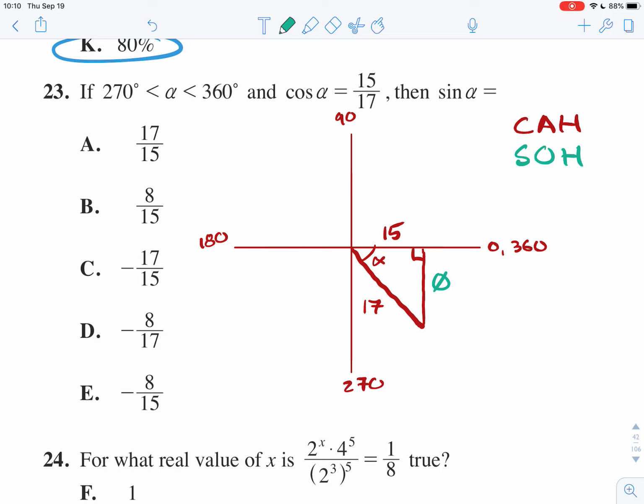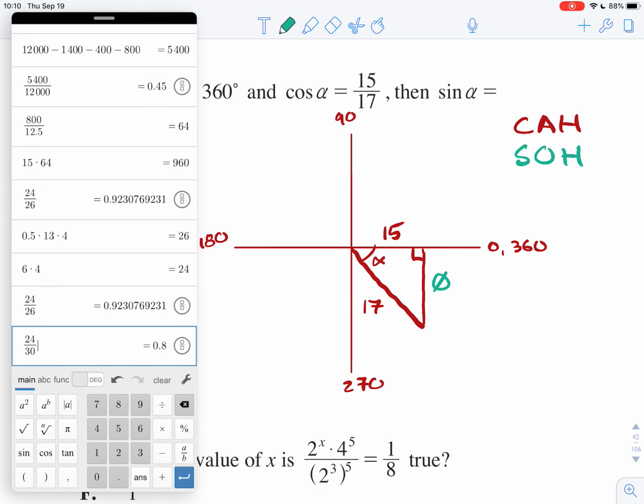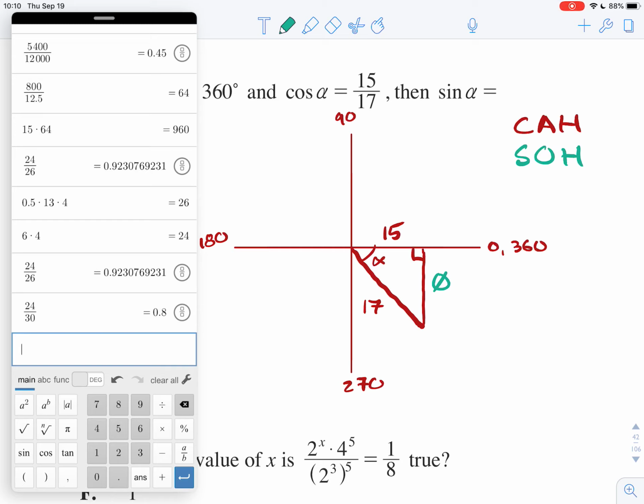We can go ahead and use some handy dandy Pythagorean theorem if we want, or if we're being cheeky about it, we could probably presume that it is 8 based off of our answer choices. I will not presume, and I will do it for the sake of doing it.